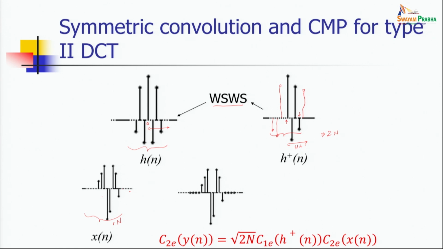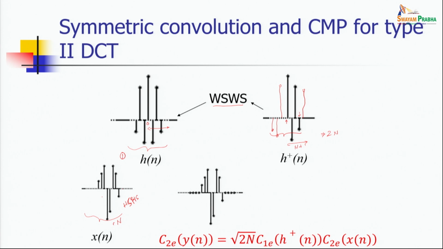So for symmetric convolution in this case, for x[n] you should understand that we have made half symmetric extension. This can equivalently be this operation, that means the convolution between this and this.